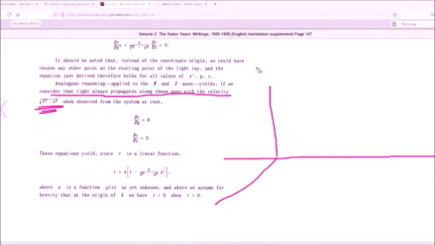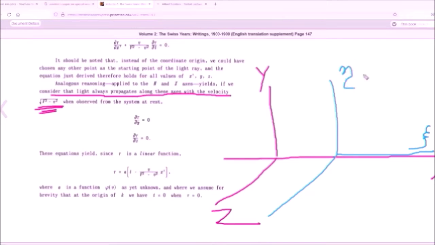That is y, that is z, and that is x. And you are traveling with another system that is eta, and that is zeta.